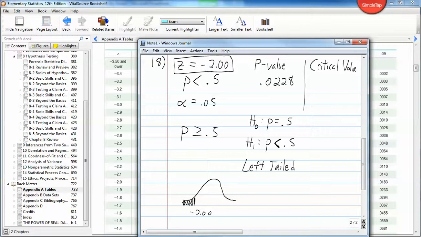All right, now let's find our critical value. The critical value comes from the actual significance level, which is 0.05.